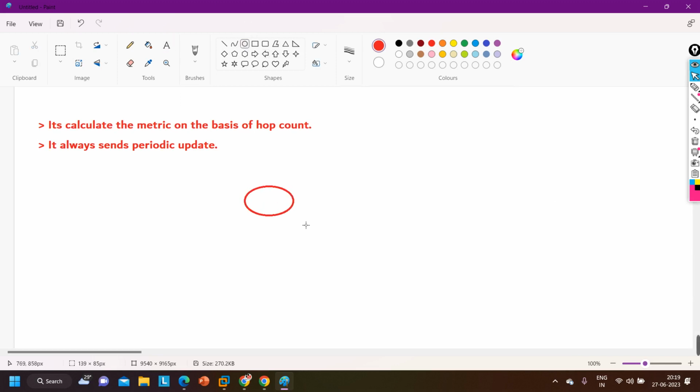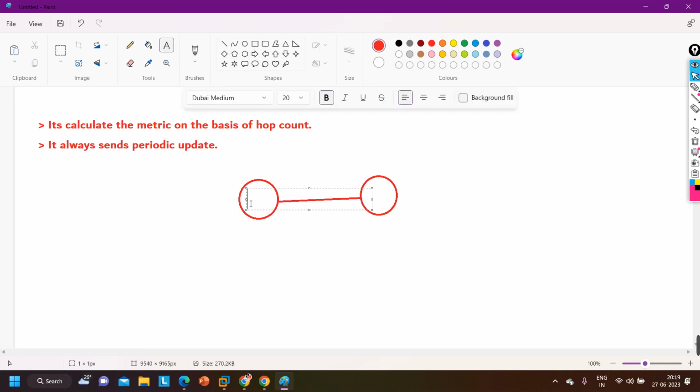Let's say I have two routers, R1 and R2. Here the IP address is 12.1, and here the IP address is 12.2.